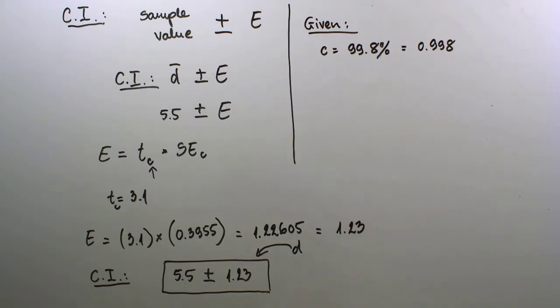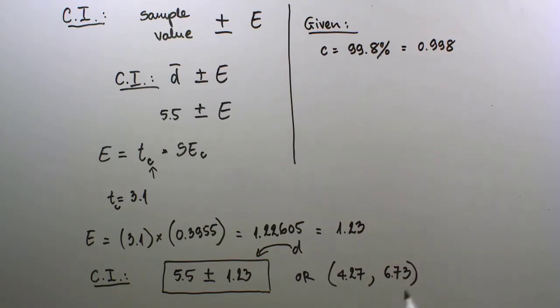And again, since it is a confidence interval, being an interval, we can subtract this margin of error from the center point, from the sample value in the middle, to come up with the low end. So alternatively, we can write the low end to be 4.27, and the high end can be found by adding 1.23 with 5.5, which gives us 6.73.